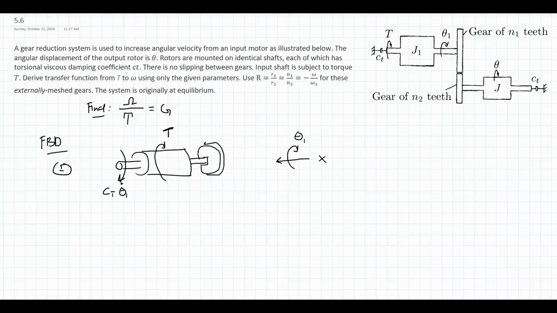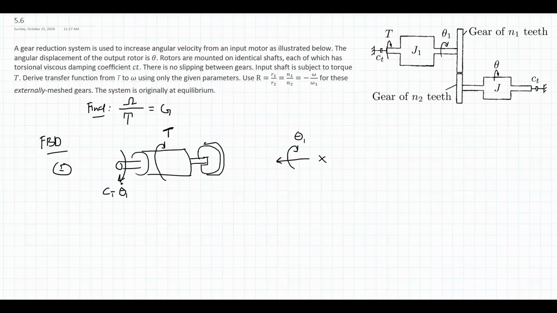Again, we want to pay attention to the direction here. This is not relative because one side of it is attached to the wall and the other to the rotor. It's always going to oppose the direction of our angular velocity. So when θ1 dot is positive, it's going to be around the negative x-axis, and when θ1 dot is negative, it's going to be around the positive x-axis.